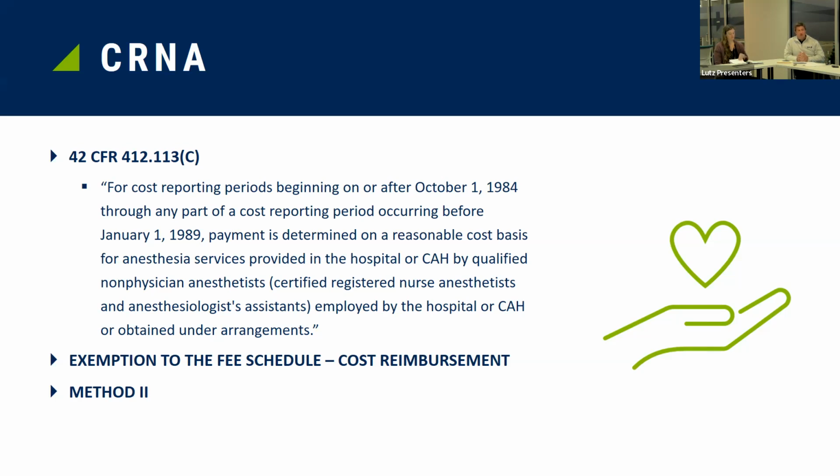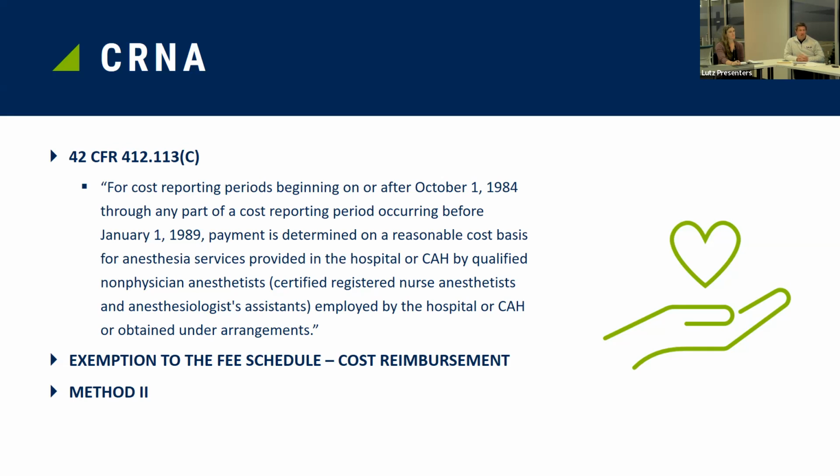CRNA can be reimbursed in a couple of different ways. If you do not file for the exception, you basically bill and get reimbursed on the fee schedule. If you file for the exception with the appropriate criteria, you get that exemption to the fee schedule and you get cost reimbursement, to Julianne's point, cost to charge ratio times your Medicare charges, and that's what you get reimbursed.